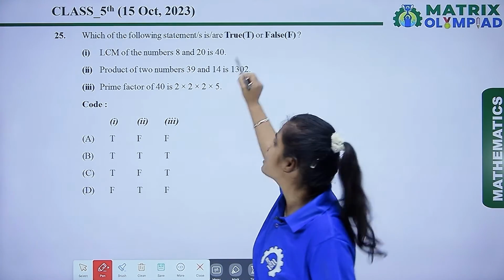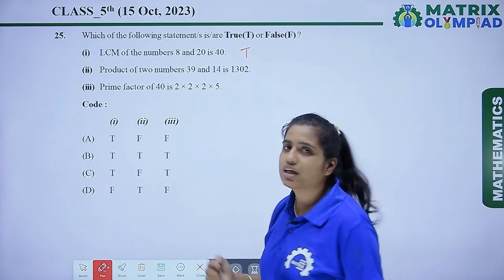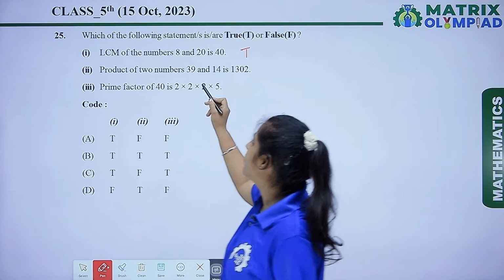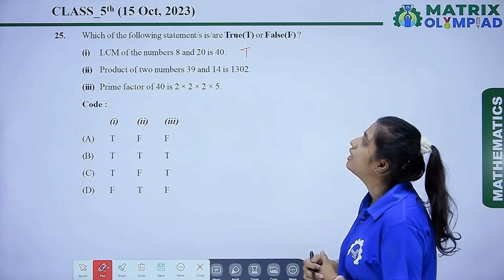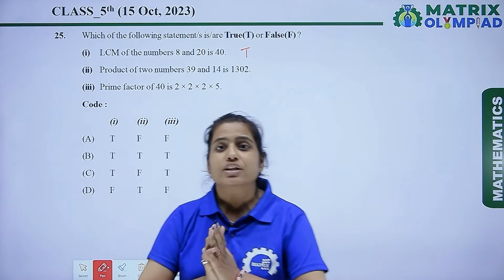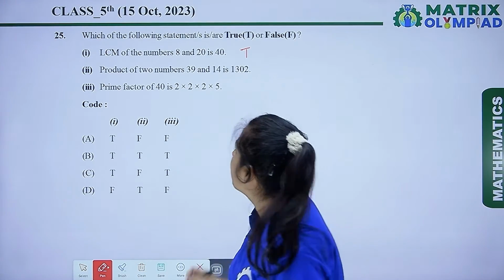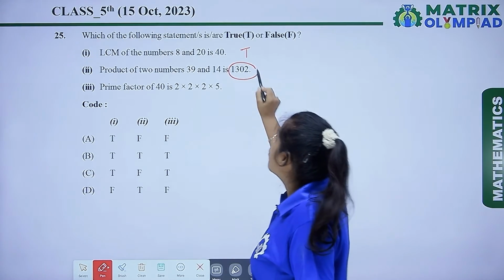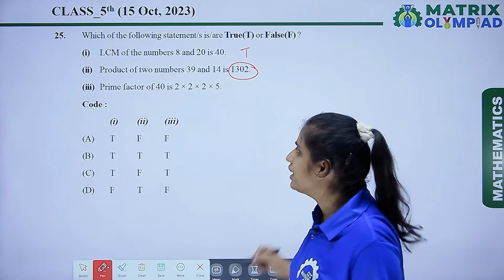So this statement is absolutely correct. तो ये true है. Next statement we have product of two numbers 39 and 14 is 1302. जी नहीं, दो नंबर को जब आप मल्टीप्लाई करोगे 39 and 14 को तो आपके पास 1302 नहीं आएगा.